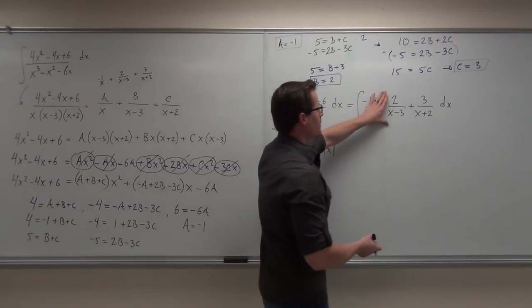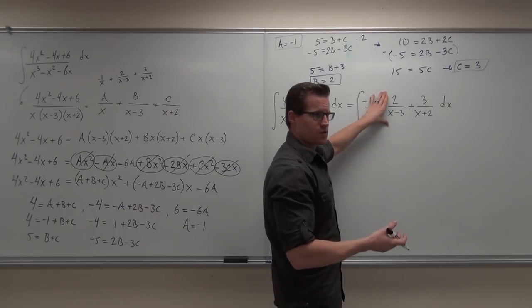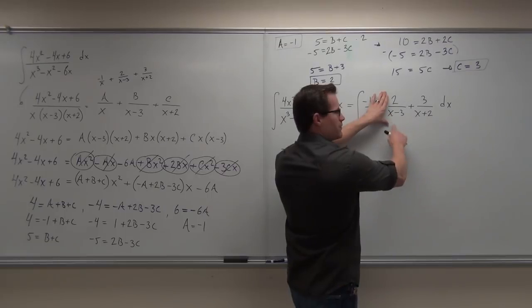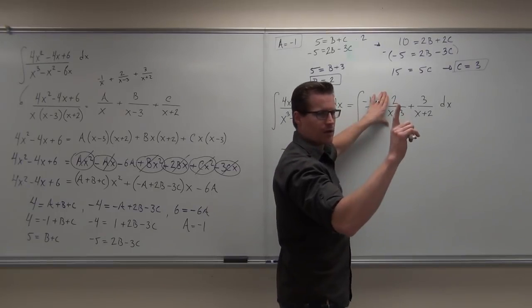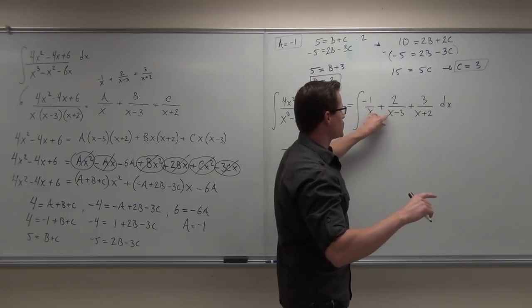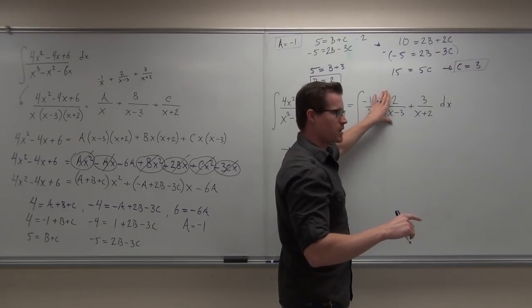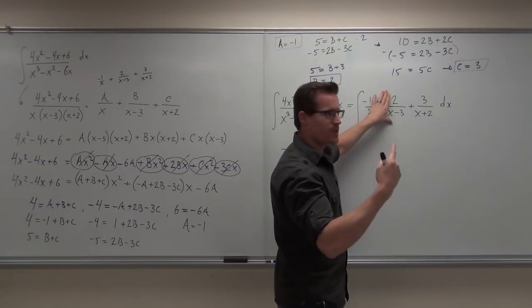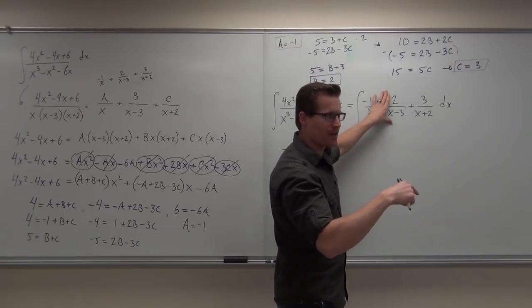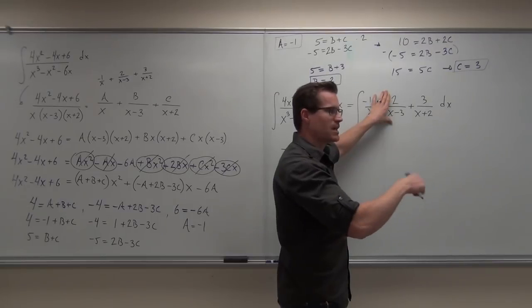Now this one, by rights you should be doing a substitution, shouldn't you? However, if you did a substitution on this, the derivative is 1, which means you're not going to be changing that coefficient whatsoever. If this was like a 2x minus 3, you probably have to do a little something with that. I would probably still do it in my head. I do a little substitution in my head and I get a 1/2, but you'd have to take that into account.